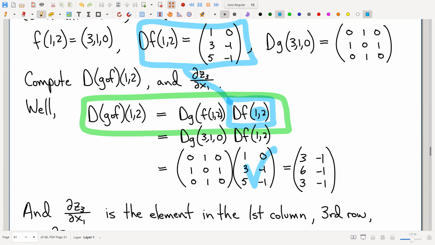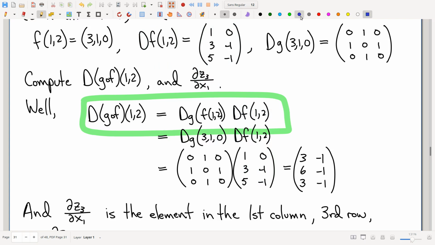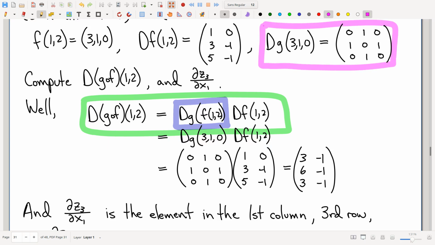Okay. Now the next thing I'm going to need, so it seems, is DG evaluated at F of 1, 2. I don't actually see that in what I'm given. I'm given DG evaluated at 3, 1, 0. So I'm a little concerned that these might not be the same. Remember, where it's evaluated is actually really important.